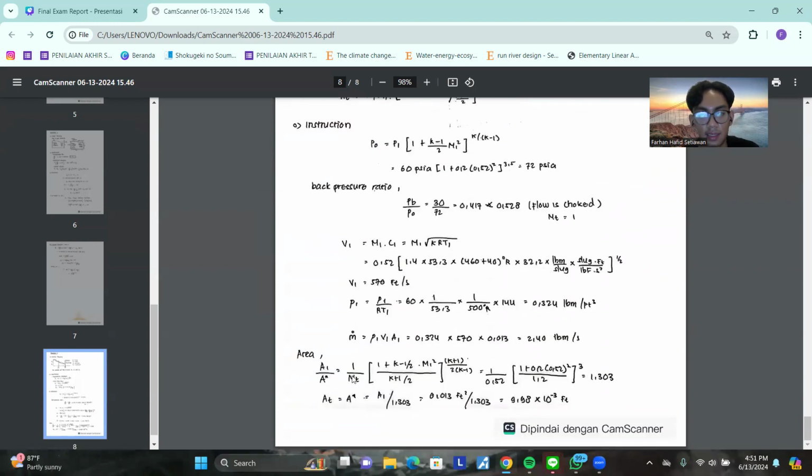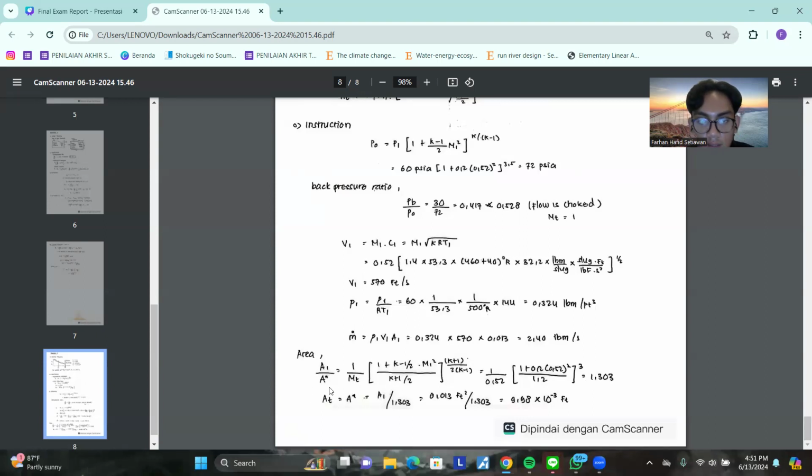A1 per A star equals 1 per MT times (1 + (k - 1) per 2 times M1 squared) per (k + 1) per 2, raised to the power (k + 1) per 2(k - 1), which equals 1 per 0.55 times (1 + 0.2 times 0.52 squared) per 1.2, cubed.